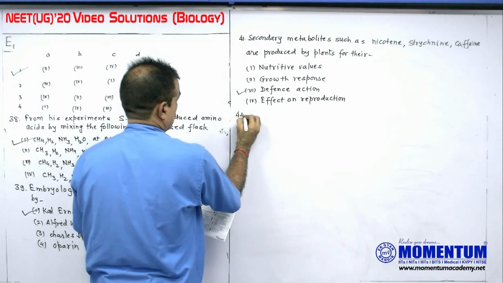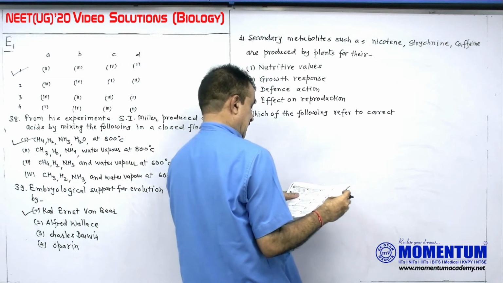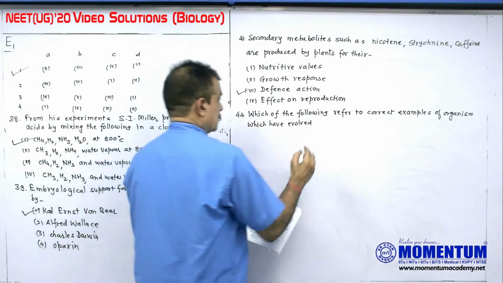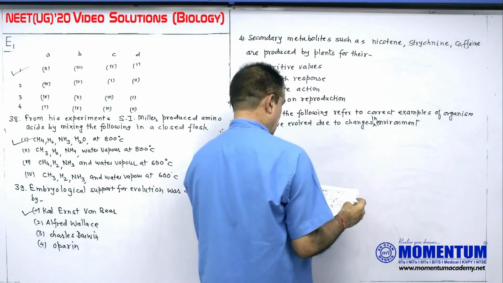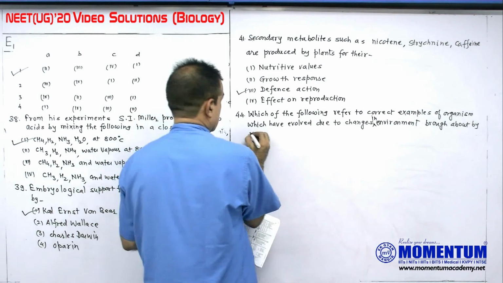Then 44: which of the following refer to correct examples of organisms which have evolved due to changes in environment brought about by anthropogenic action?